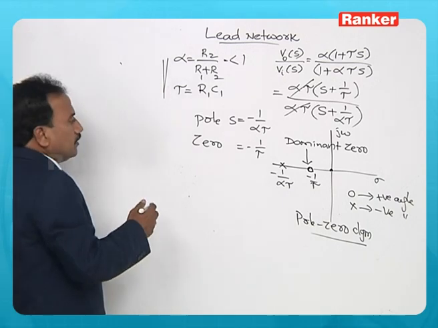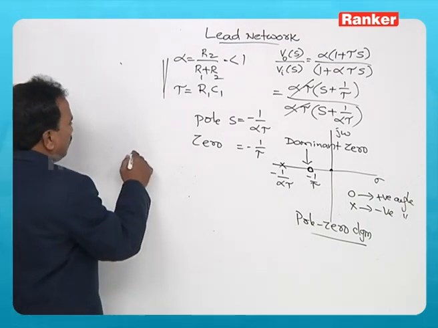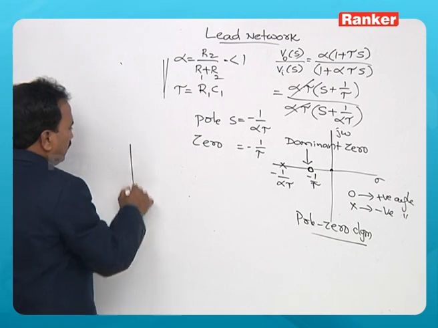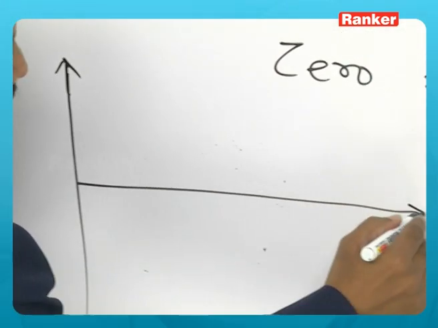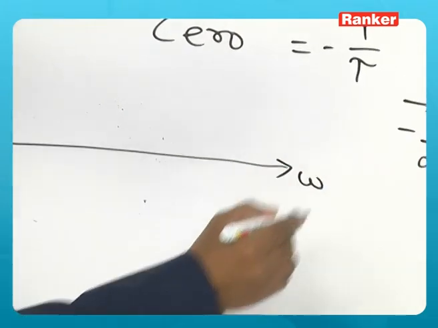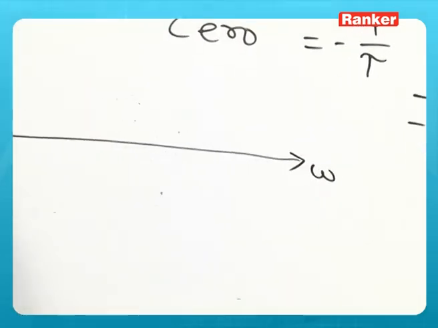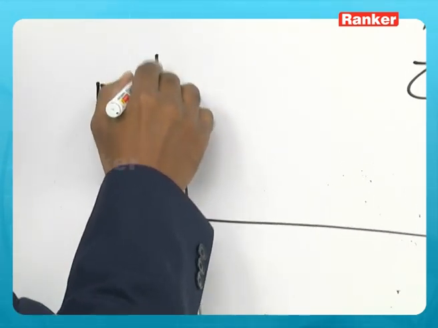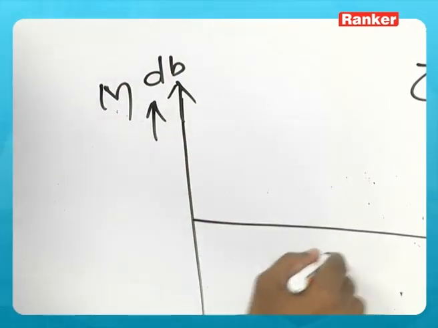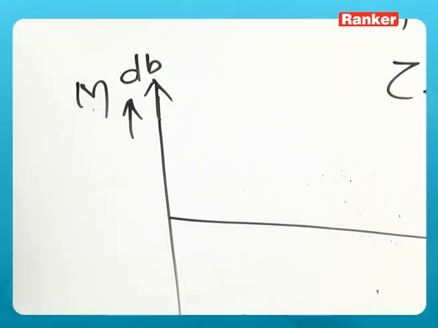Now, if you see the Bode diagram of the lead network, the Bode plot consists of magnitude in decibels and frequency on a log scale.